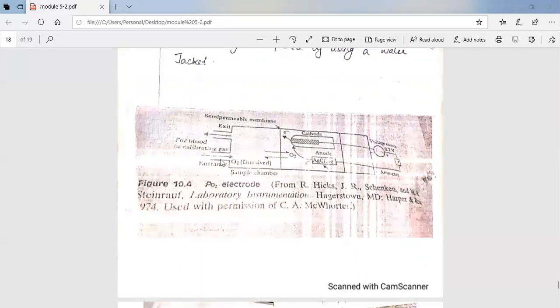The O2 from the blood diffuses across the membrane into the electrolytic filling solution and is reduced at the cathode. At the anode, the silver is oxidized, and the magnitude of the resulting current indicates the partial pressure of oxygen.